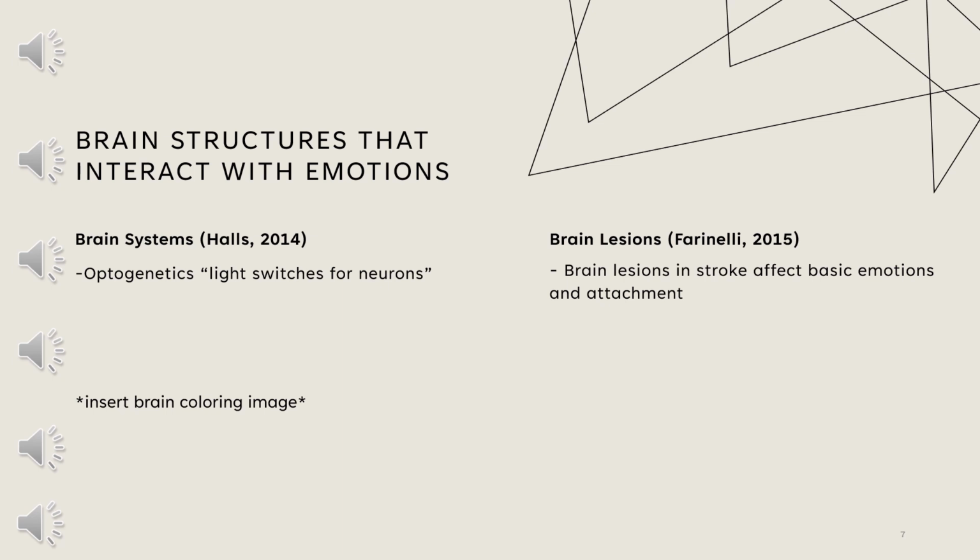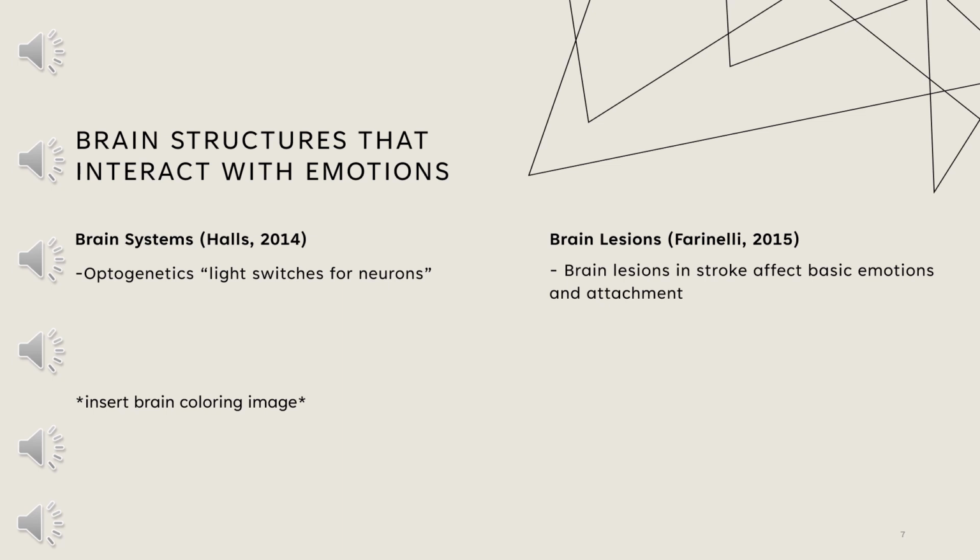To understand our emotions and the biological significance that our bodies and brains play in our emotions, I think it's pretty important that we go into the brain structures that actually interact with our emotions.